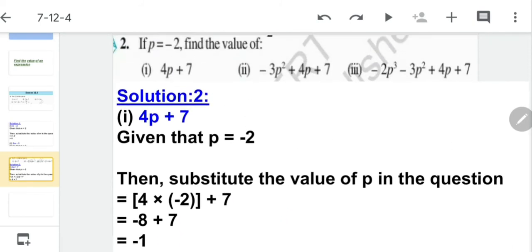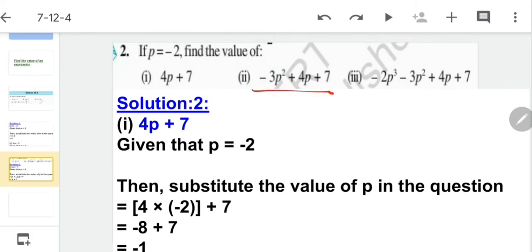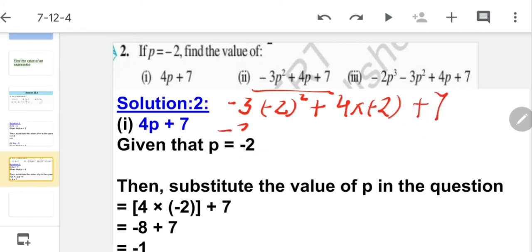Let's see the second part. You can see here, this is the second part. So when we put -2 in place of p, let's see what will be the solution. Okay, so -3 times -2 to the power 2, which will be 4. Plus we have 4 into -2 gives us -8, plus 7.